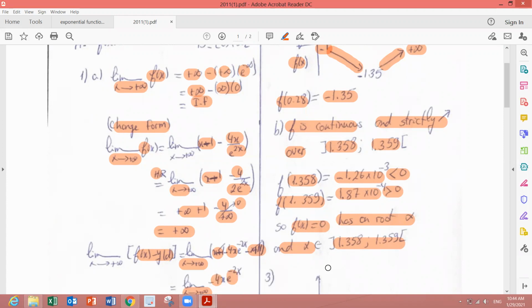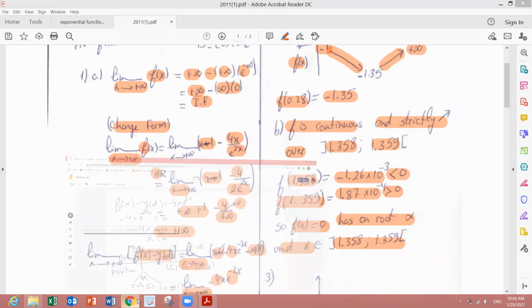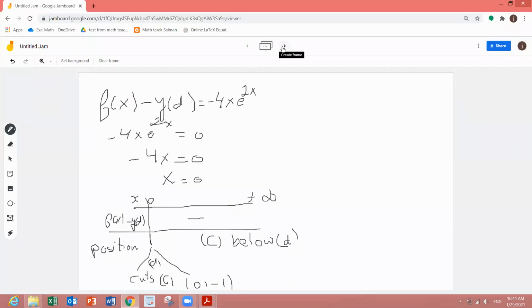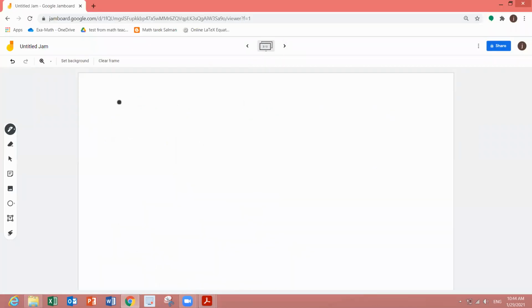Sir, why didn't we compare with D? We didn't say D cuts C; here we have this equation for alpha. If you are asked to show f(x) equal to 0 has one root alpha, you find f(a) and f(b) and you compare it with 0.